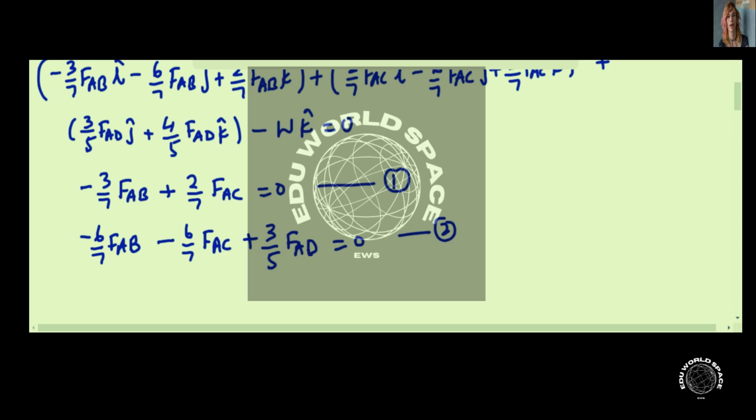Now from the last equation, the k components, you will get 2 by 7 FAB plus 3 by 7 FAC plus 4 by 5 FAD minus W must be equal to 0.